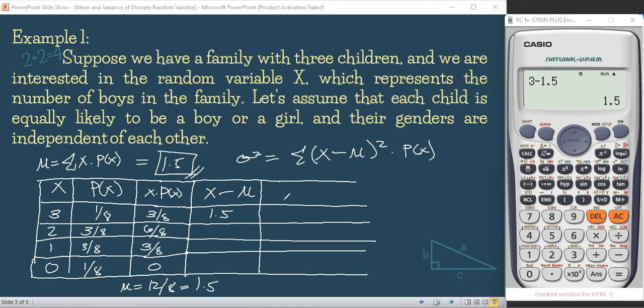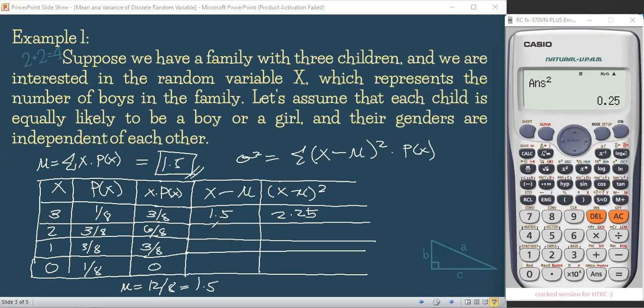Kapag in-square natin yan, that will give us 2.25. Ito naman po, 2 minus 1.5, that is 0.5. Squared, that is 0.25.